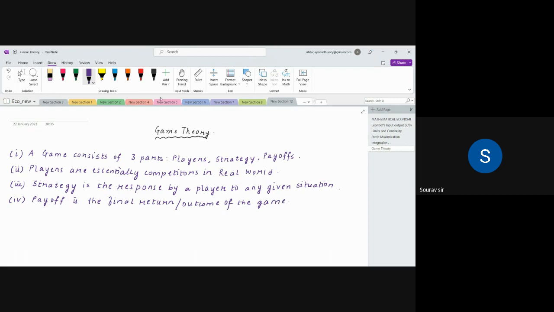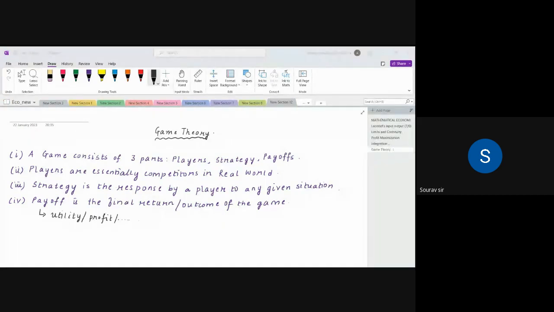This payoff can be either the utility, it can be profit, it can be anything depending upon the type of scenario that we're talking about. But whatever it is, it's the ultimate outcome. For anyone who might have studied game theory earlier, you might have some notations in mind, but let me just put out what notations I would be using for the timing.